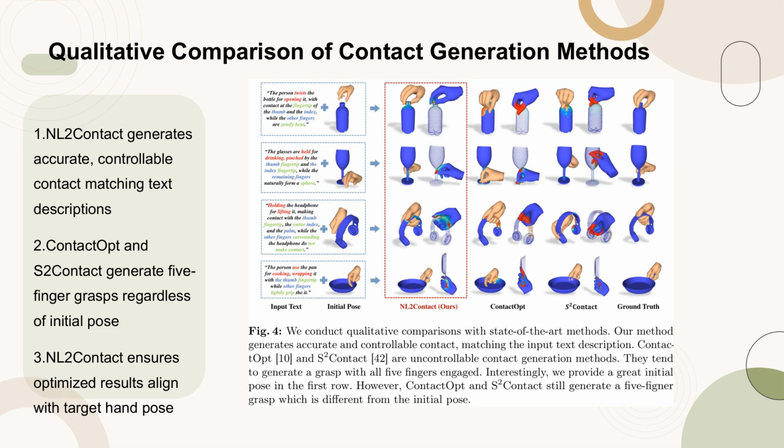This behavior is evident even when a favorable initial pose is given, as seen in the first row of the figure. Our NL2Contact method not only generates more accurate contact but also ensures that the optimized hand pose aligns closely with the target hand pose described in the text, demonstrating superior control and precision in contact generation.